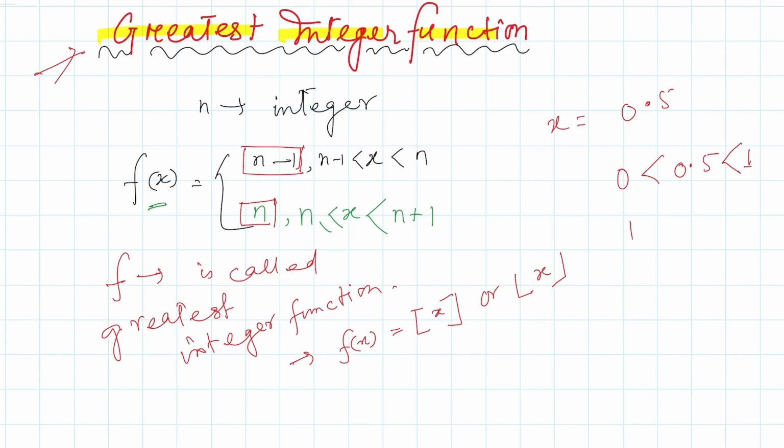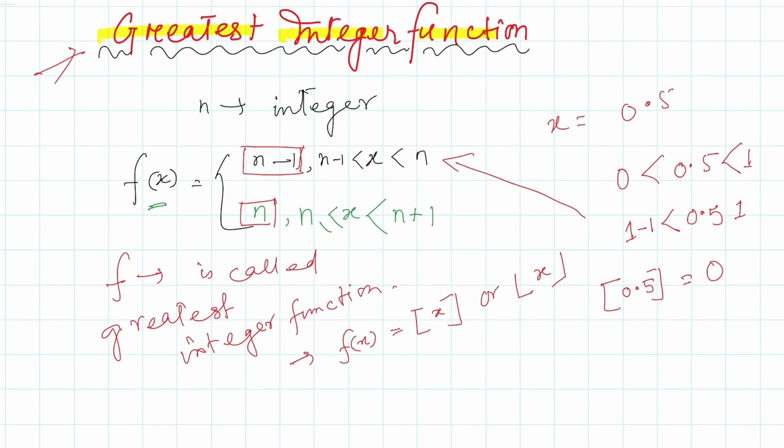That means it is greater than 1 minus 1 and less than 1. Then according to the definition of this function, the greatest integer function of 0.5 must be equal to 0. Okay, it must be 0.